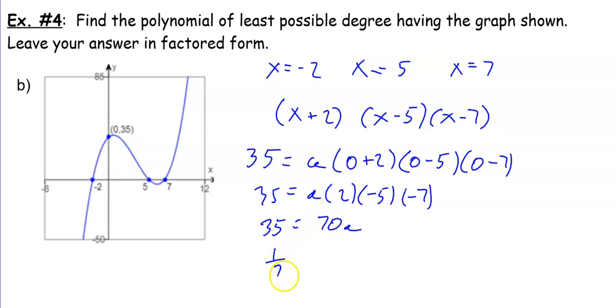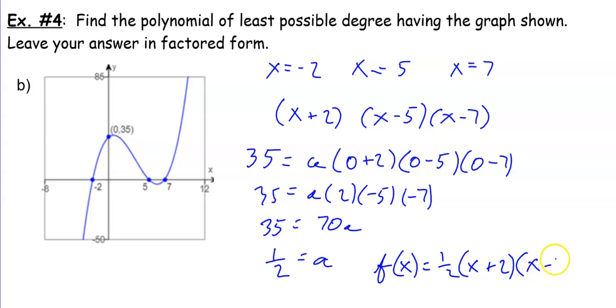Divide both sides by 70, and so a is 1/2. So my function is going to be f of x equals 1/2 times x plus 2 times x minus 5 times x minus 7. Boom. Easy.